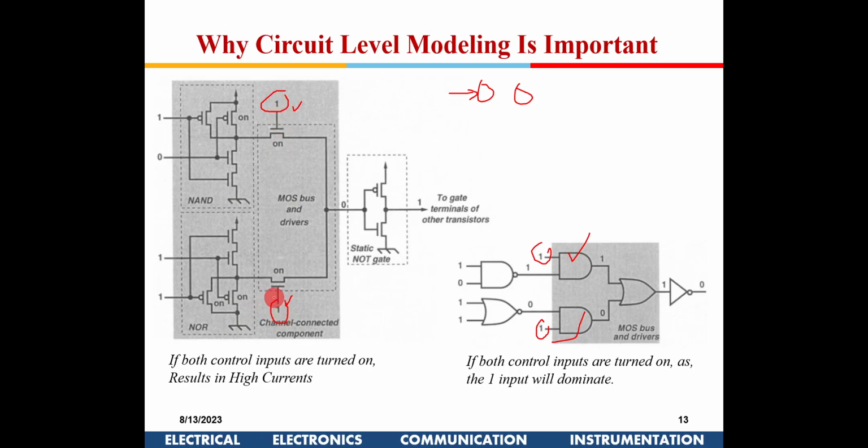Now when I do a transistor level simulation, if this is 1 and this is 1, and for this particular input combination, this is a 1 here and this is a 0 here, so this current can flow from here like this. This is on and this is on, so there could be a direct path between VDD and ground.